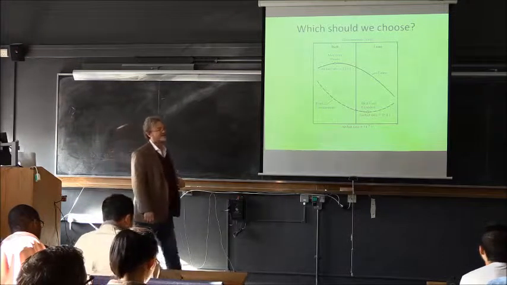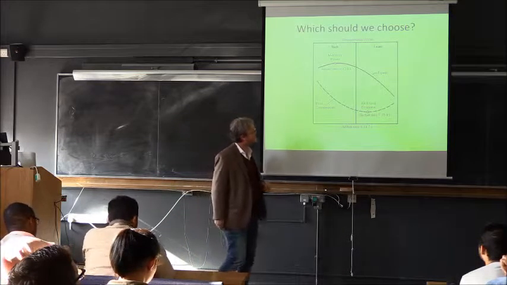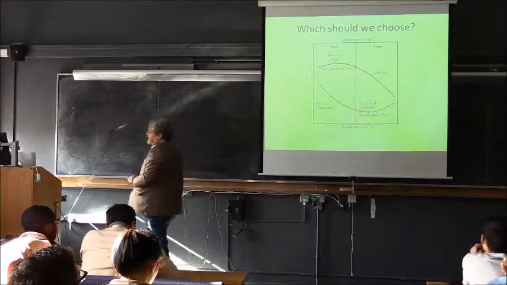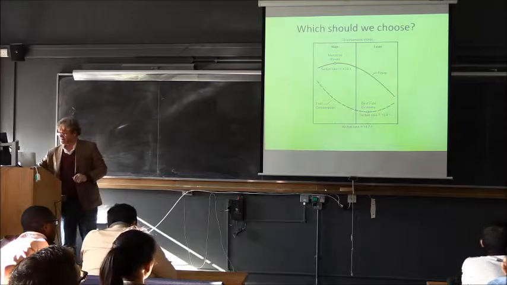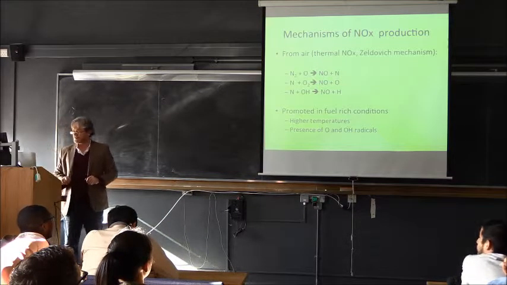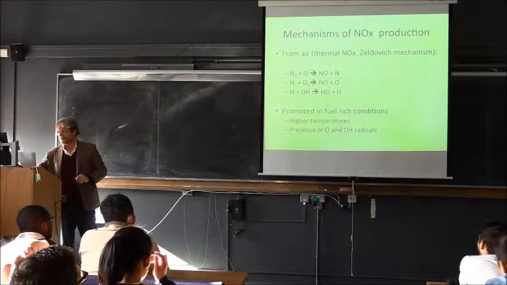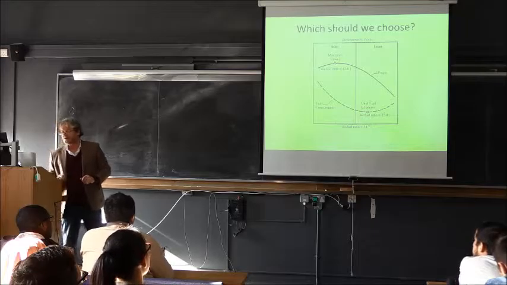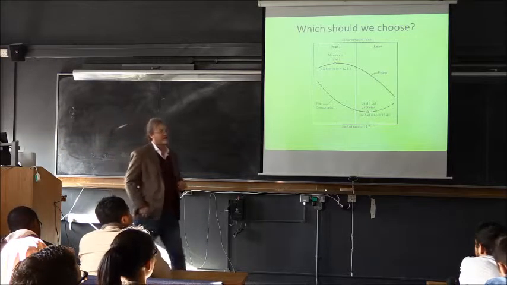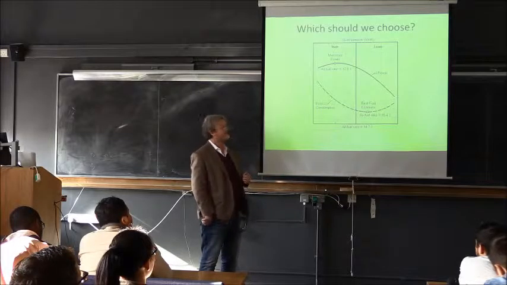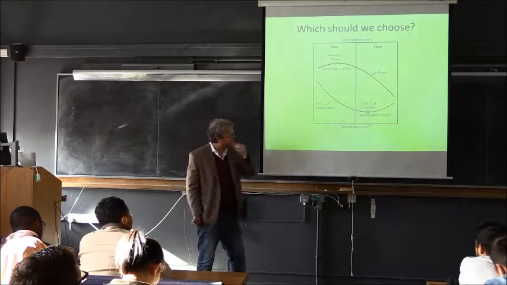Which would we choose? Now I'm going to come back to this graph again. And what I'm going to do is to define two types of combustion. And I'm going to be looking at the way in which the flame temperature governs the emission of pollutants from this.